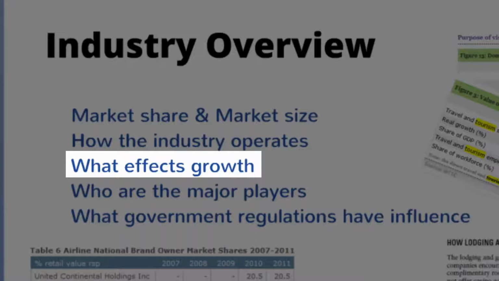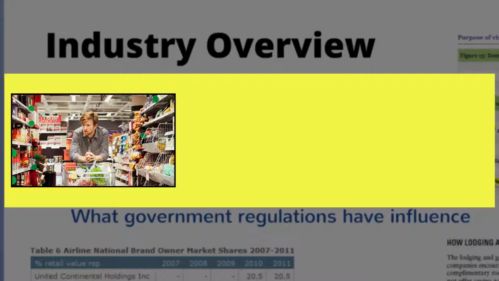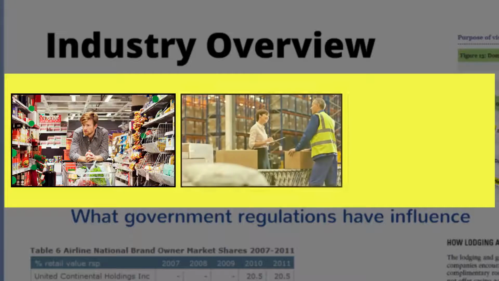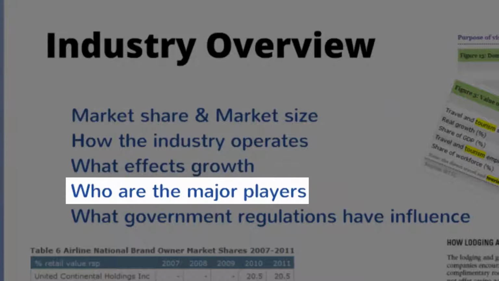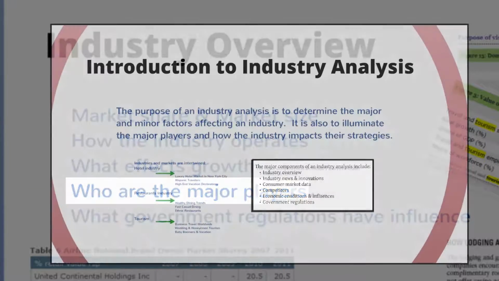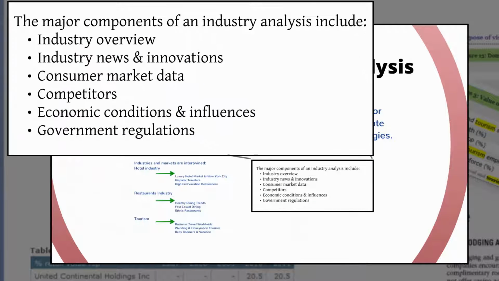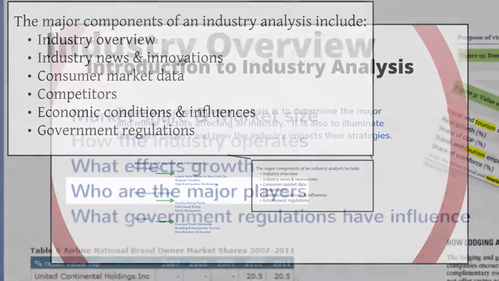What's affecting growth? Is it primarily consumer related? Is it supplier related? Is it economy related? Who are those major players? You can see that the components list that we looked at previously matches up with the information you'll get out of an overview. So you'll see things like market share, market size, how big is the market, and who are the major competitors and players.